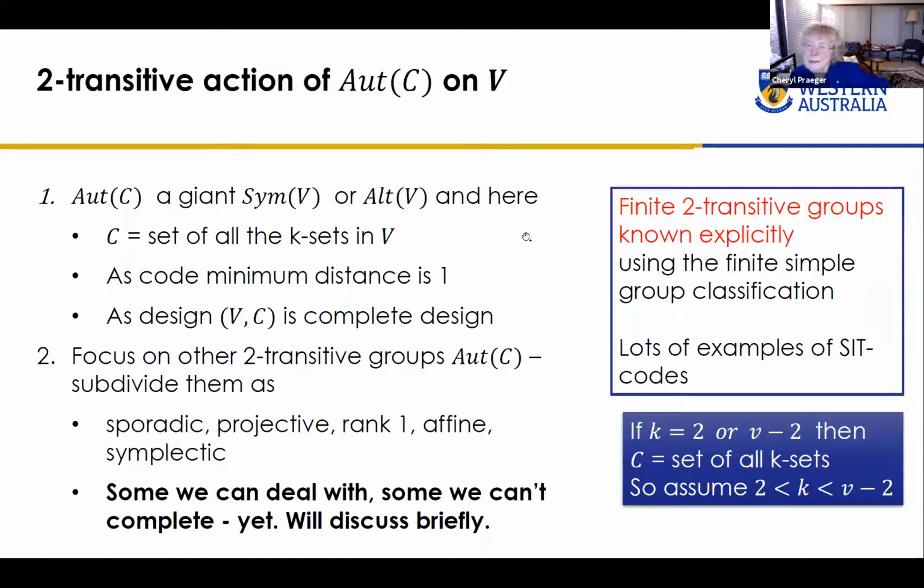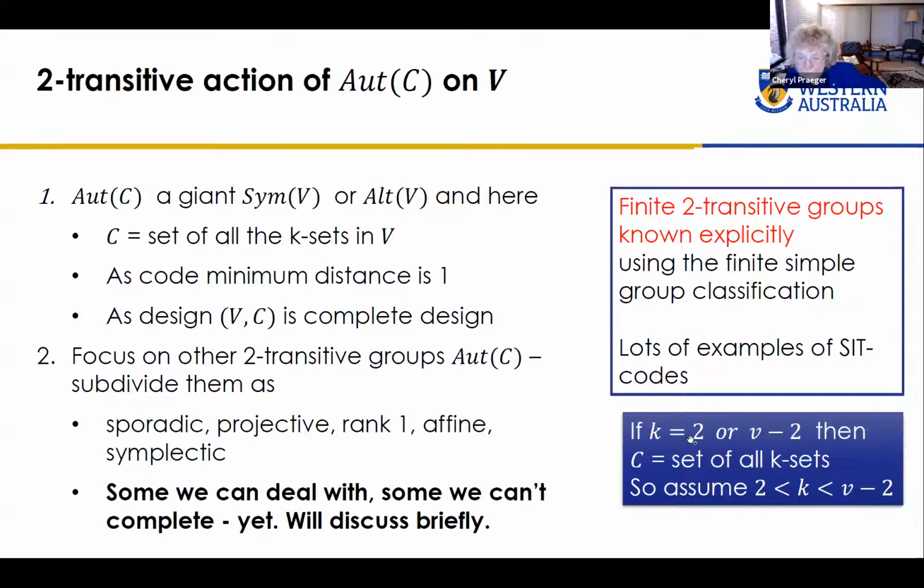Well, the finite two transitive groups are known explicitly if we're willing to use the finite simple group classification. And it turns out that they give us lots of examples of SIT codes and lots of examples of Delsarte designs.